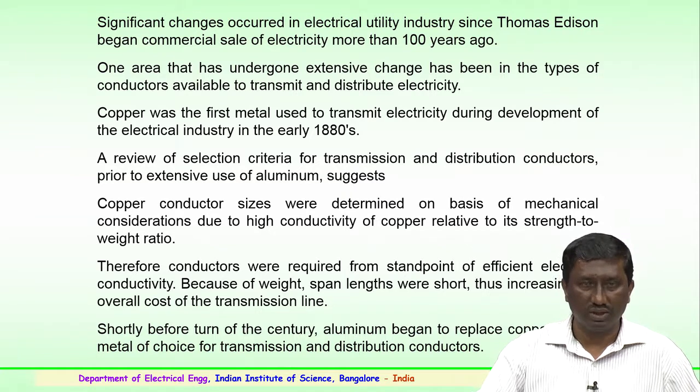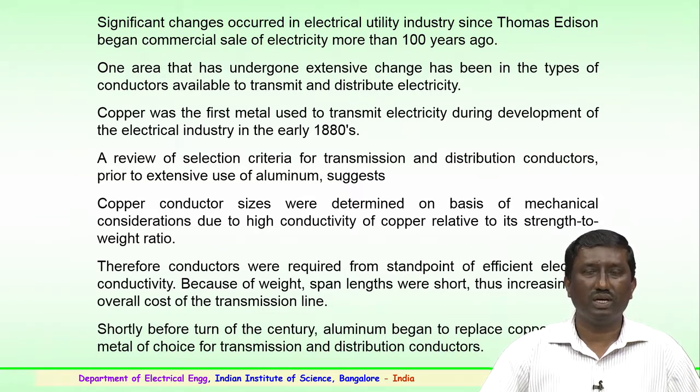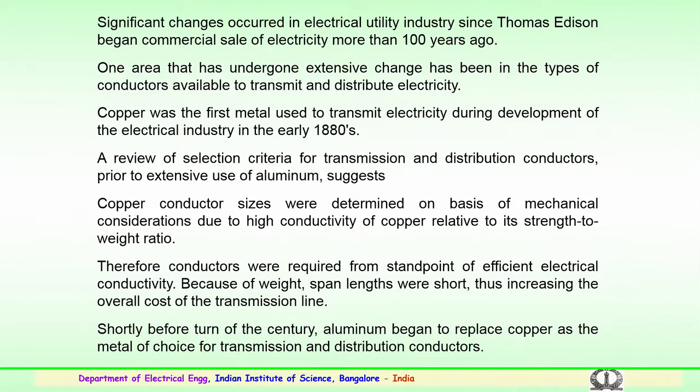That is the important point to be noted here. Because of its weight, the span lengths, the tower to tower distance, had to be short, thus increasing the overall cost of transmission in the case of copper.